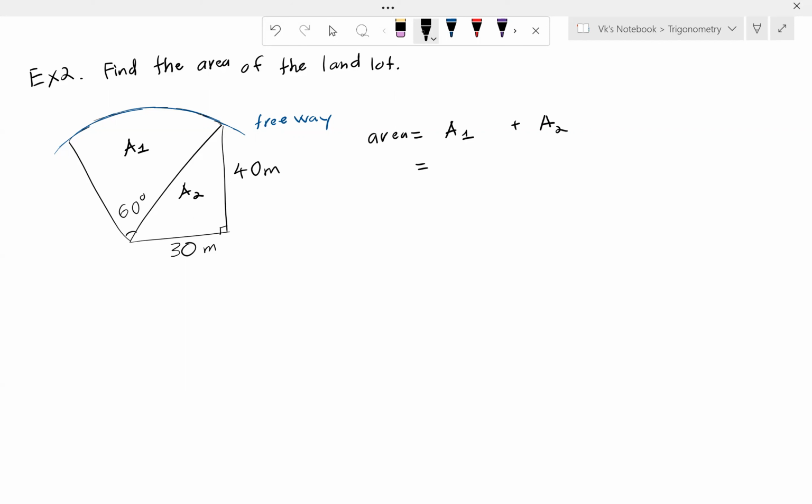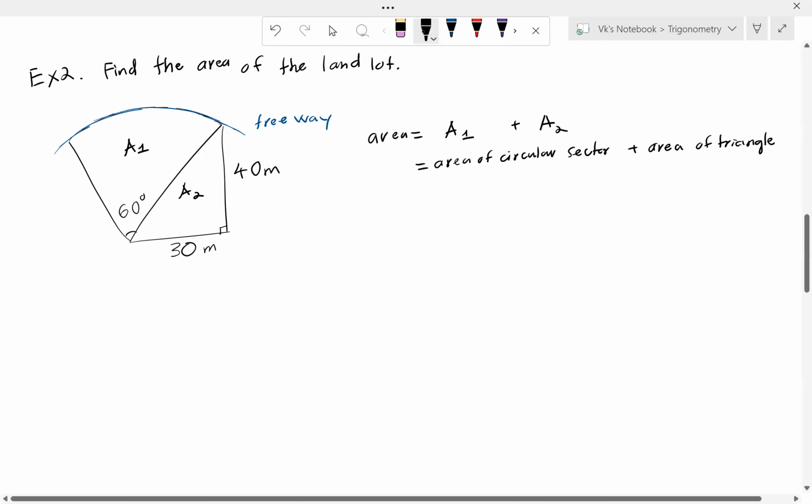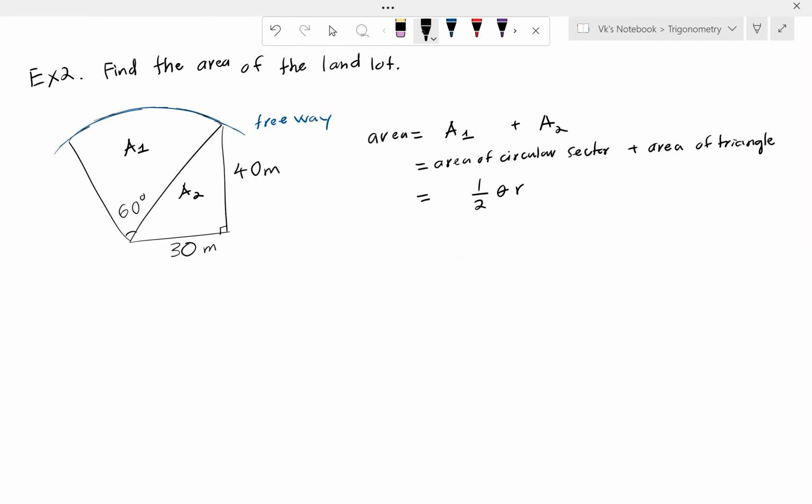Area 1 is the area of a circular sector. Area 2 is the area of a triangle. Area of the circular sector, half of theta r squared.